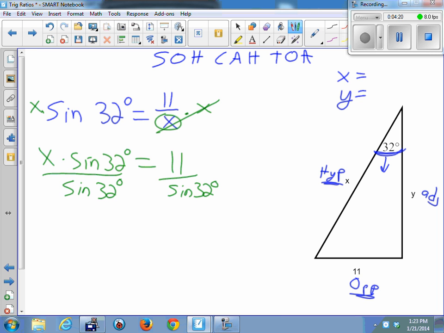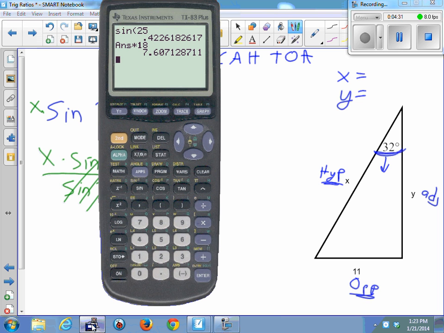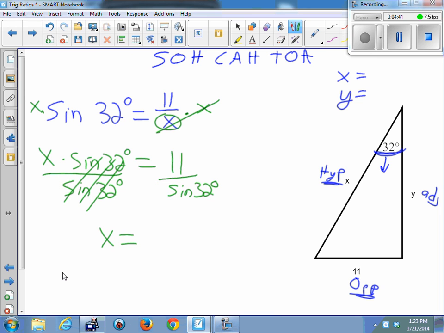Again, the sine of 32 degrees just represents some number. So this cancels out. So x equals, and then you can do in your calculator, 11 divided by the sine of 32 gives me 20.76. So in this case, we found the hypotenuse, so it is 20.76.